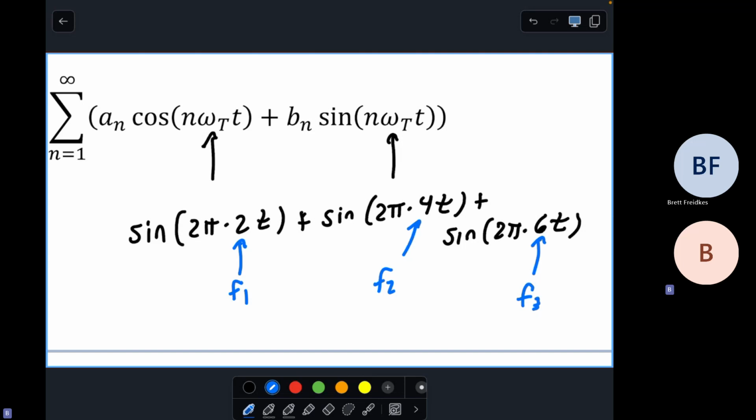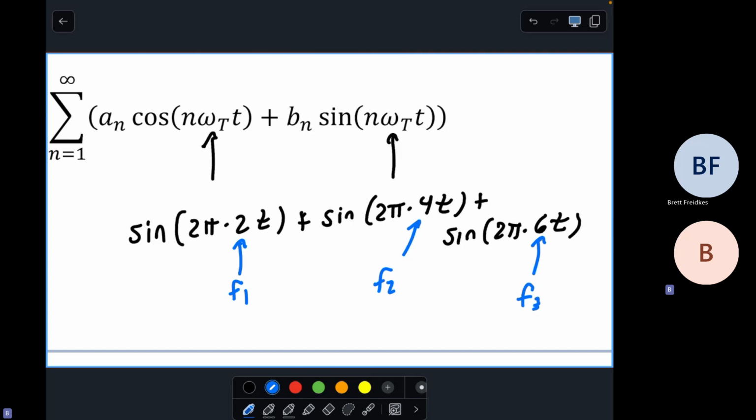Do you see that they are multiples of each other? F2 is n times F1. So that'd be twice the first frequency, 3 times the first frequency, and so on. We're looking at multiples of that fundamental frequency. That's what this n omega t means. They're multiples of it. Do we see that?